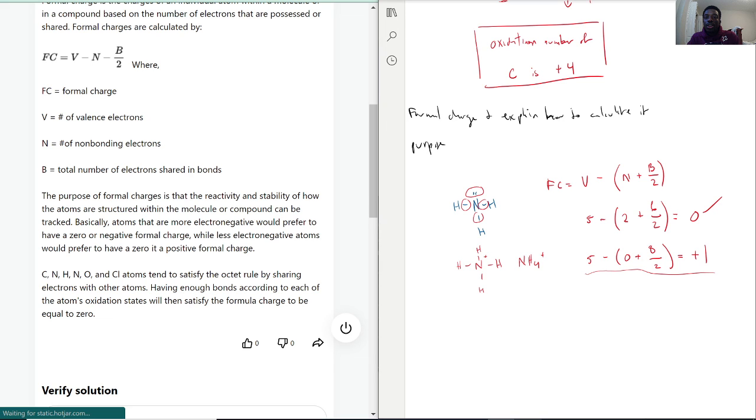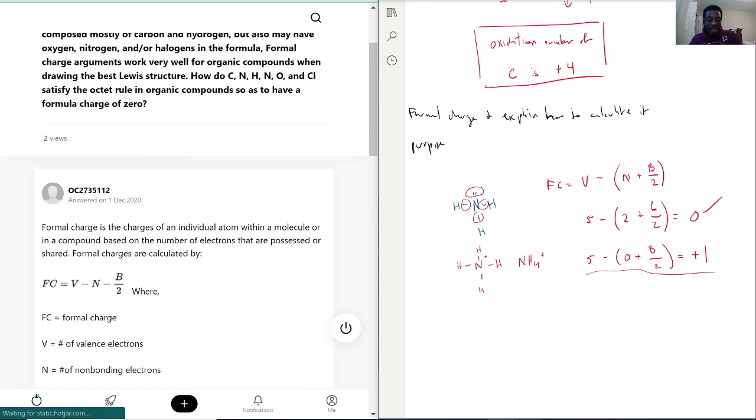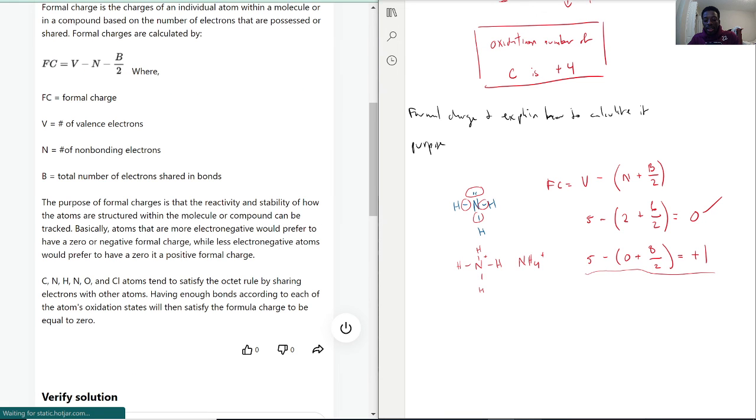So exactly, and the last thing they address is carbon, nitrogen, hydrogen, oxygen, and chlorine. They satisfy the octet rule by sharing electrons with other atoms. The key thing is that they do specific ways of sharing.